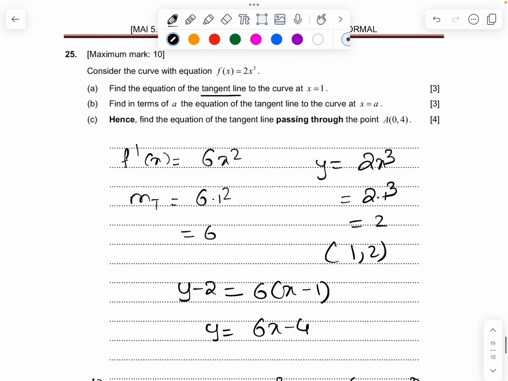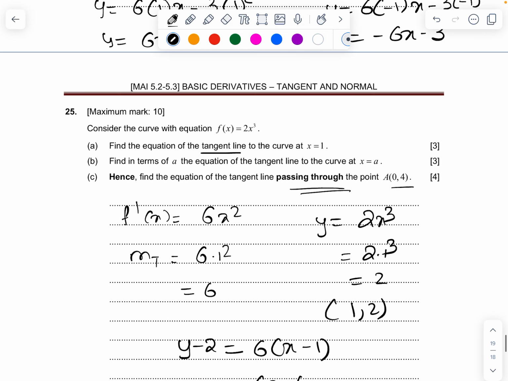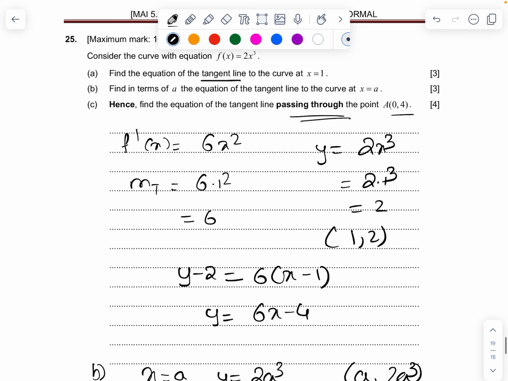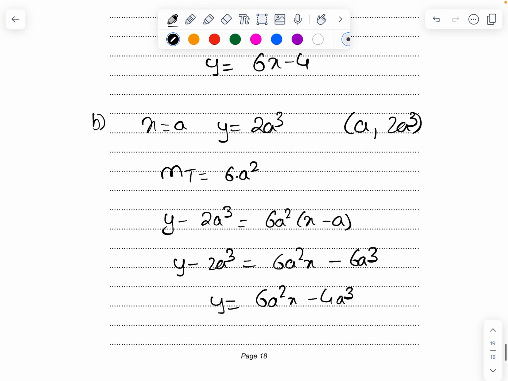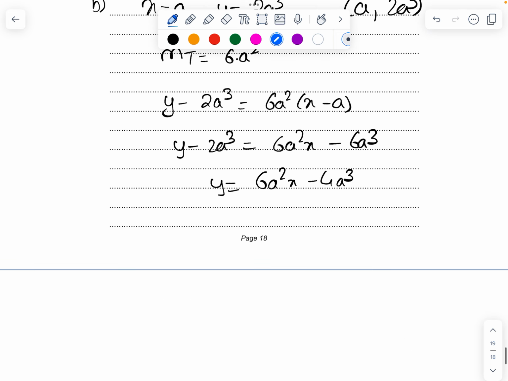Hence find the equation of the tangent passing through the point 0, 4. So it is passing through 0, 4. So plug in 0, 4 over here. 4 equals 6a squared times 0 minus 4a cubed.